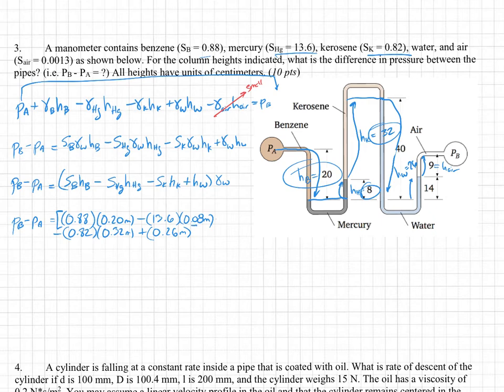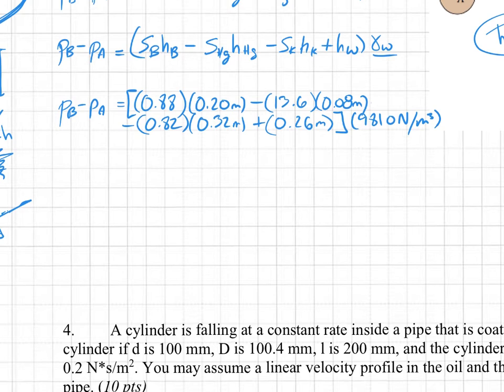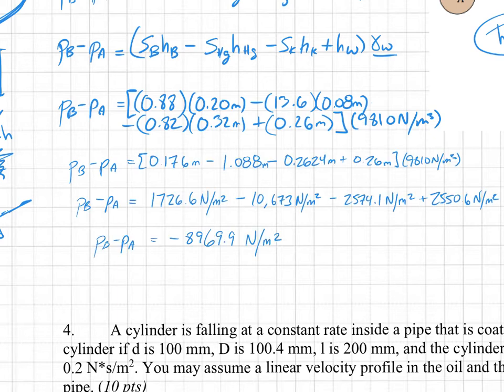All right, and then we'll close that, and then we'll do this gamma water, which is 9810 newtons per meter cubed. Now that we have all these numbers in here, this is a plug and chug game, so I'm just going to fill this out for you. I basically multiplied all the numbers together, keeping this on the outside and then distributing it to give these values.